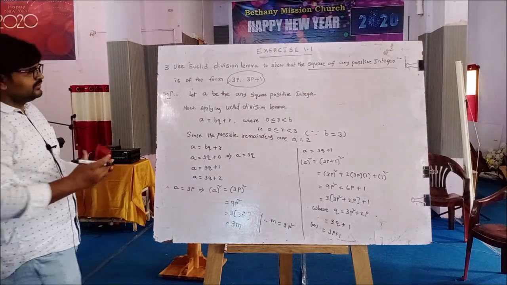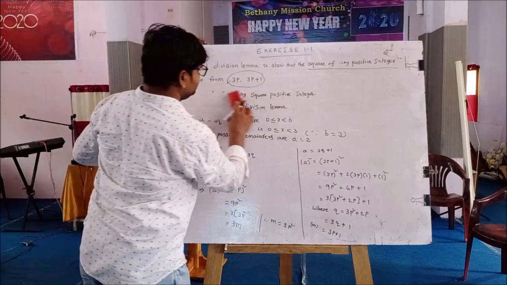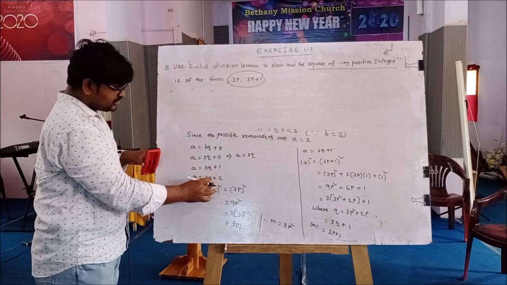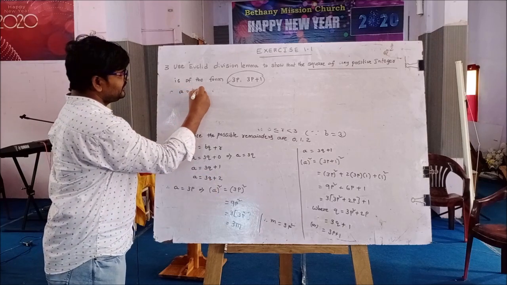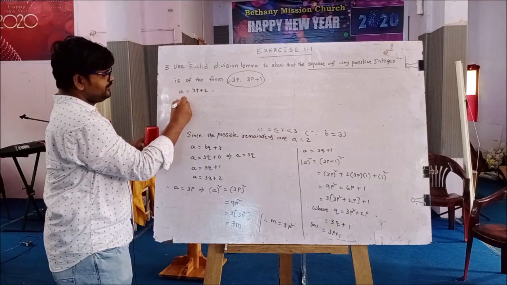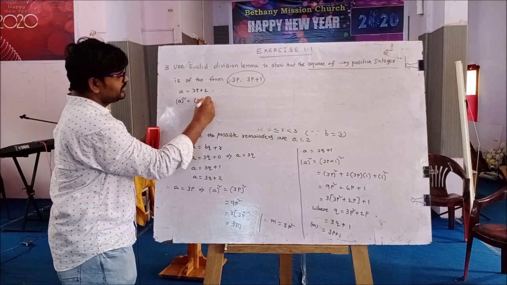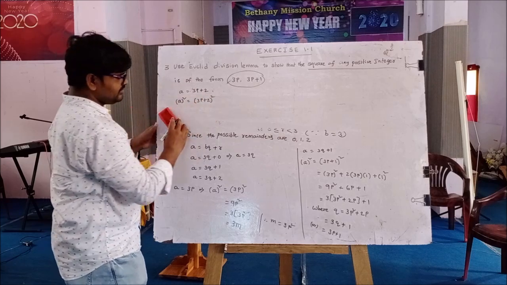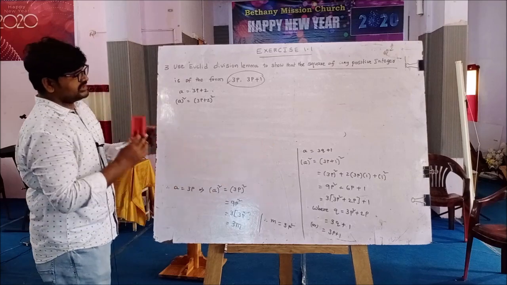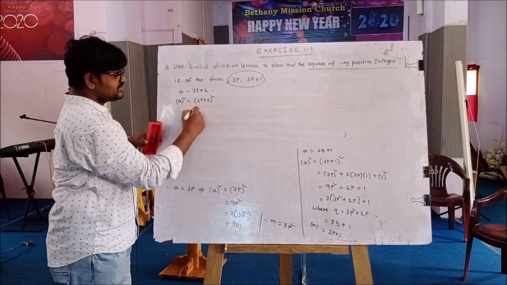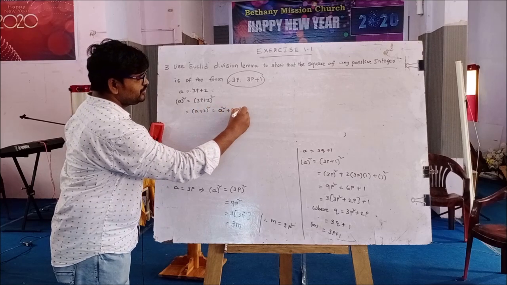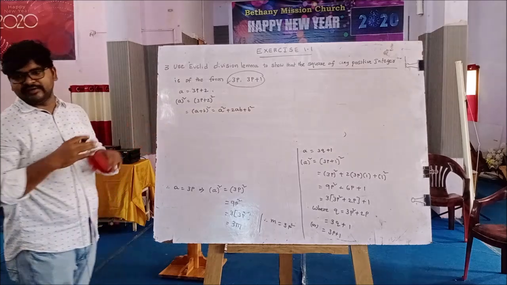And the last one. a equals 3p plus 2. Squaring on both sides, a square equals 3p plus 2 whole square. This is the a plus b whole square formula: a square plus 2ab plus b square.